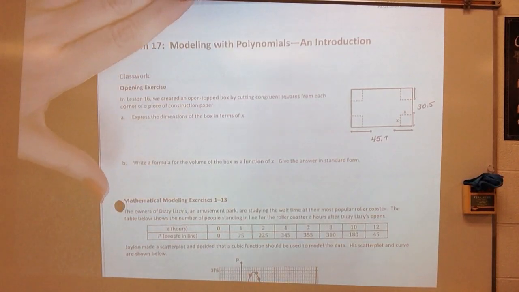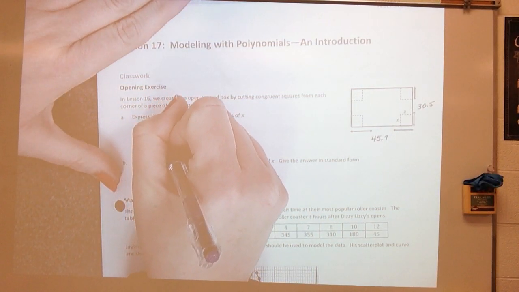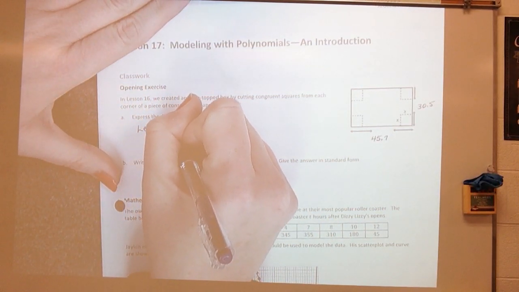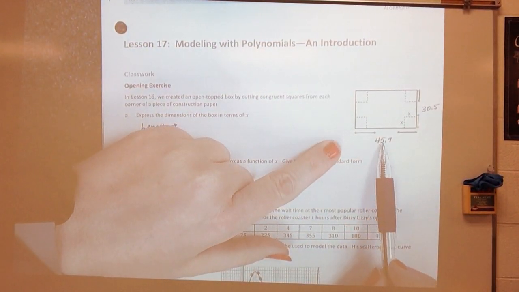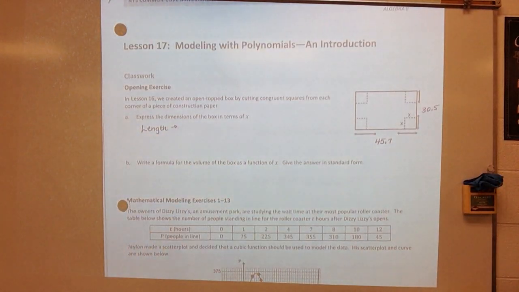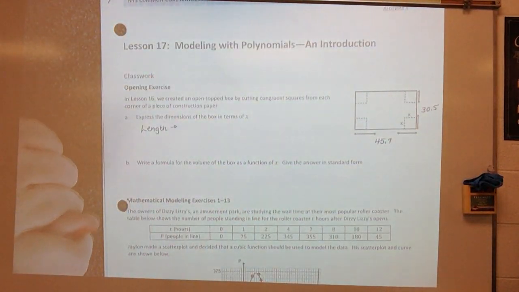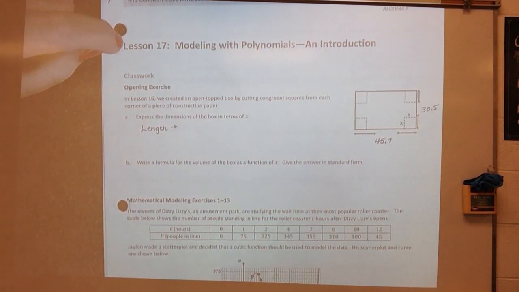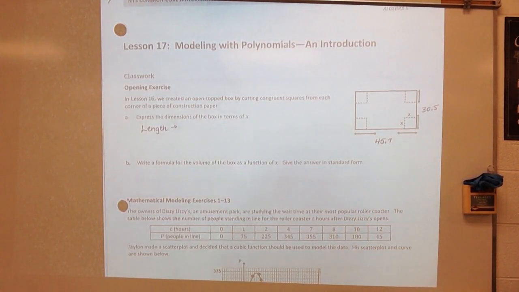So if I were looking at our length, the length of our box would be 45 7/10 minus, remember we said we were cutting out this, so minus x here and minus x here because I don't know how much it is.